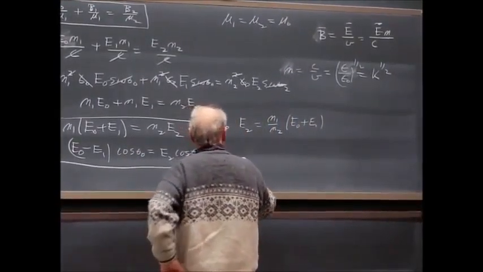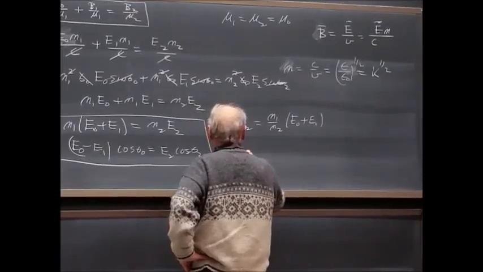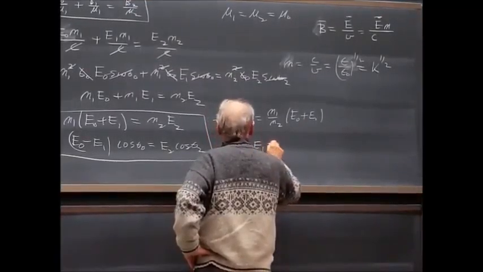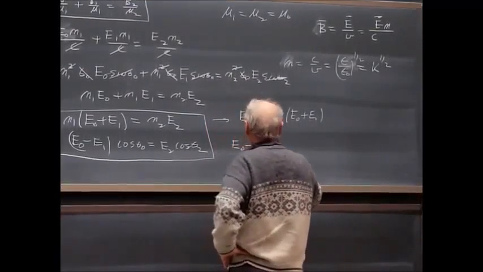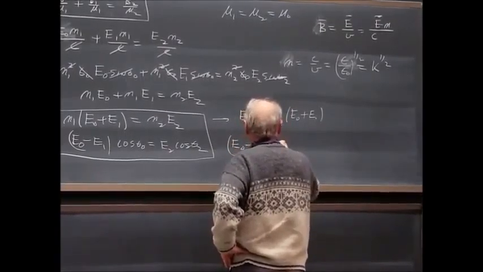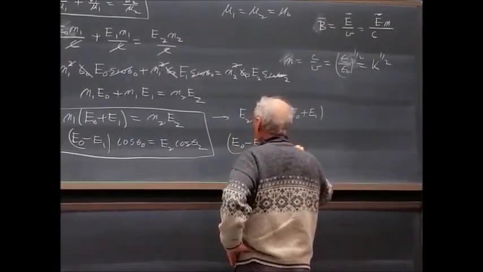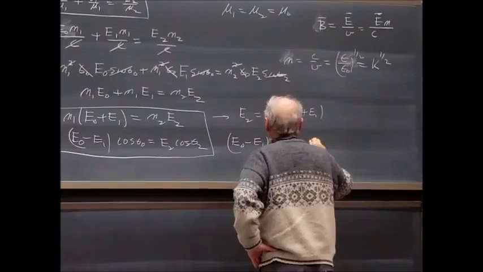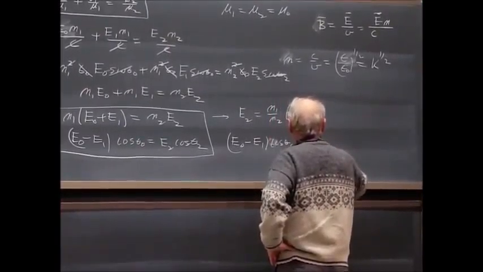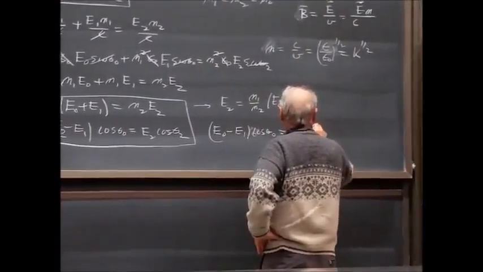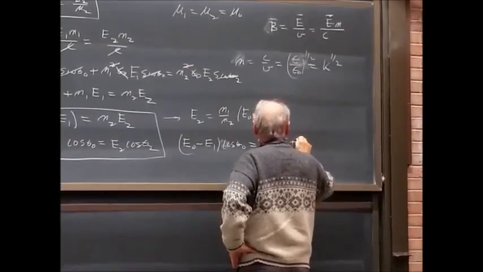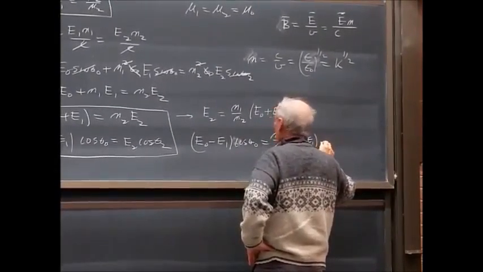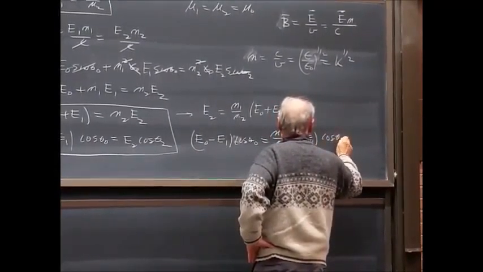Now put that down here. E0 minus E1 cos theta 0 is equal to N1 over N2 E0 plus E1 cos theta 2.